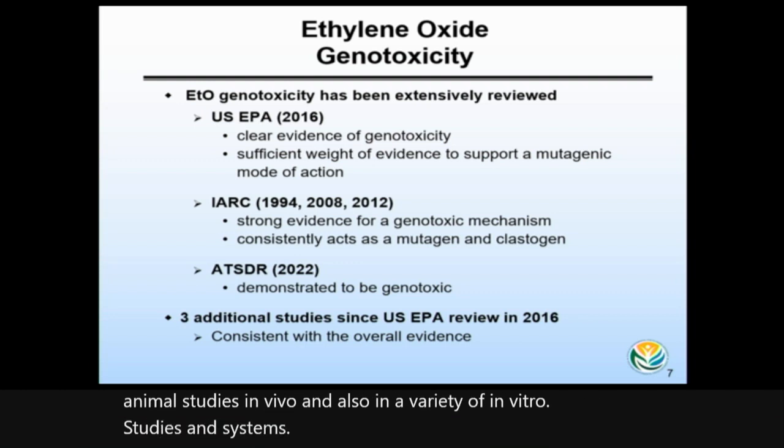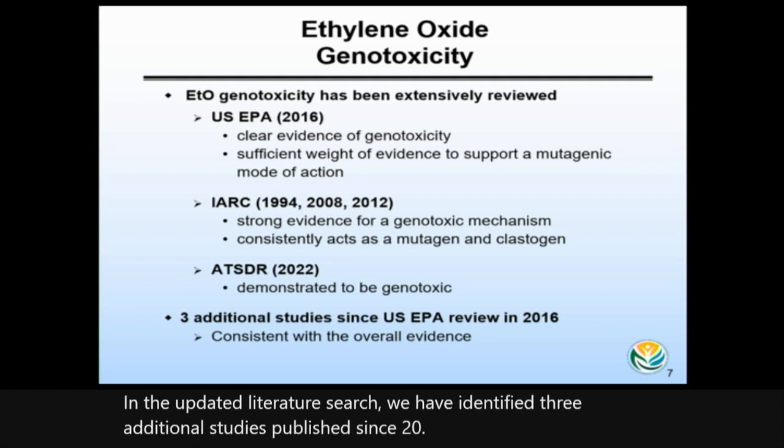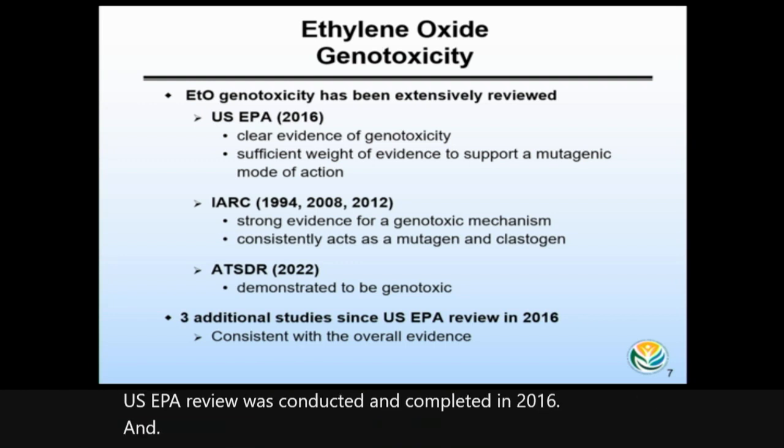In the updated literature search, OEHHA identified 3 additional studies published since 2016, that is, since the US EPA review was completed in 2016. And those are also consistent with the overall evidence that I just summarized earlier in this slide.